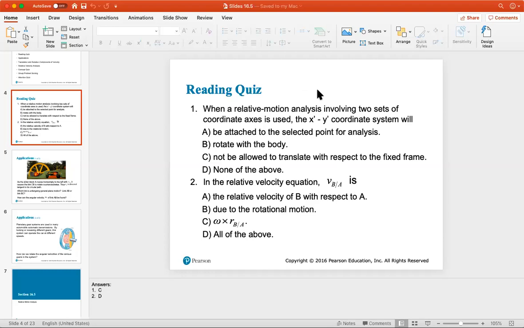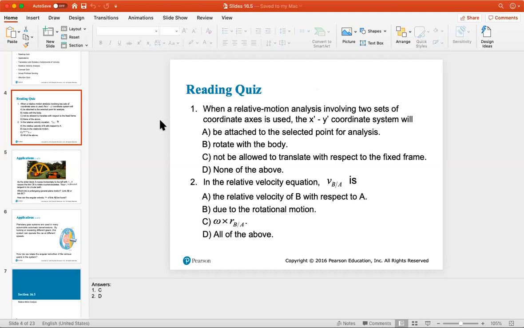So the whole point of the X prime, Y prime coordinate system, as opposed to the original XY coordinate system, is as follows. XY is used to refer to the absolute position, like a fixed object or place. That's what we were talking about last class.